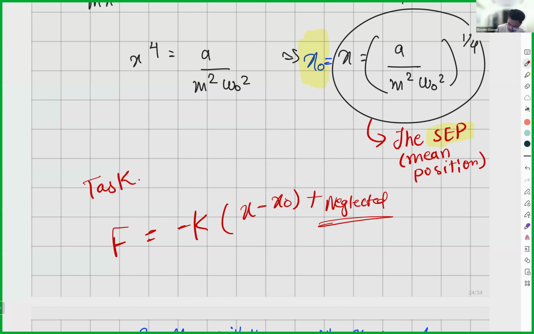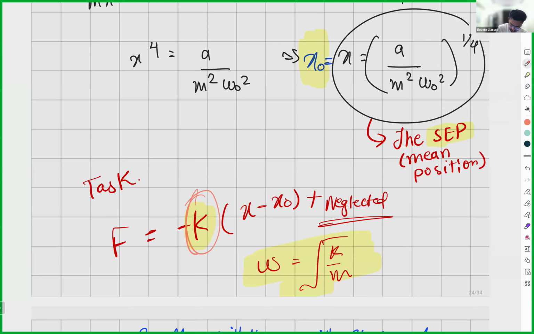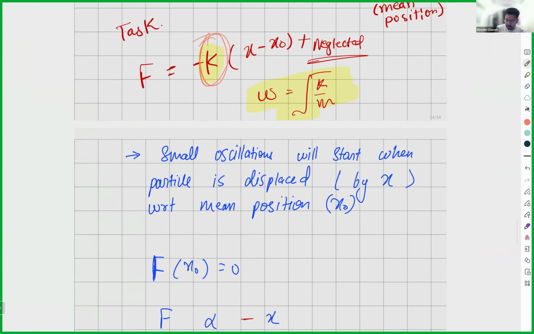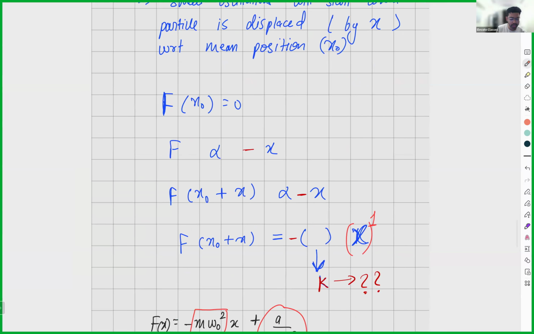So I will do this through binomial expansion, and then I can extract the time period or omega, whichever is asked, right? Then you can put it into omega to find the omega. Okay. So my task is to extract this minus k through binomial expansion. So now I know that small oscillations are about the x naught point. x naught point के about होगा, तो x naught point के about बाइनोमियल एक्सपांशन लगा दीजिए. ठीक है.